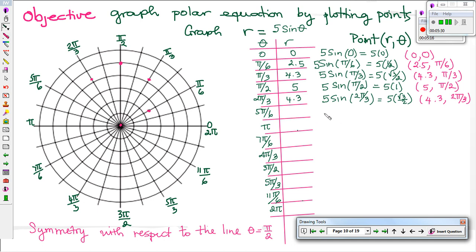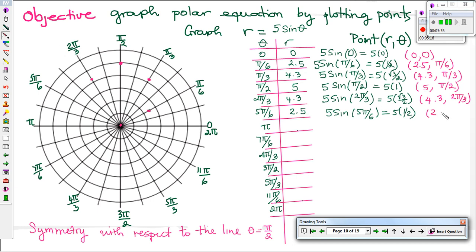The next is we substitute theta for 5 pi over 6, so we do 5 times sine of 5 pi over 6. So we have 5 times 1/2, which will give us 2.5.